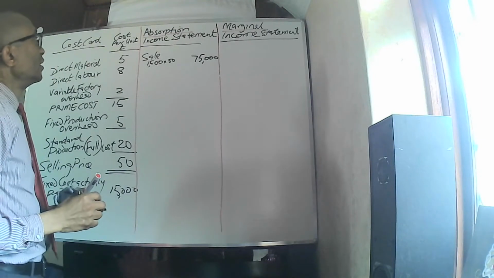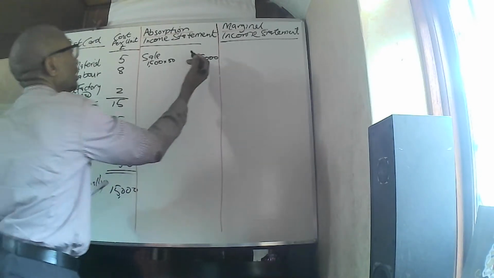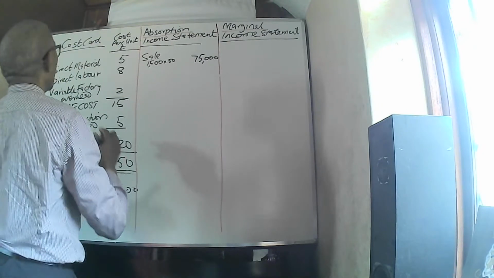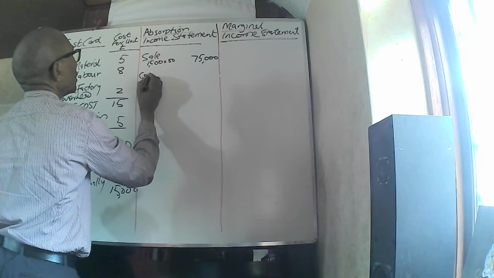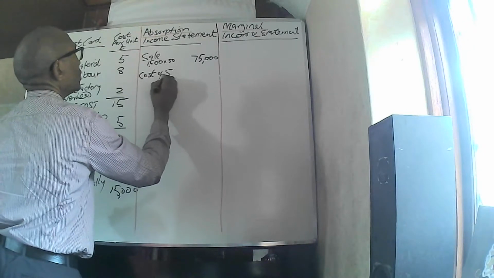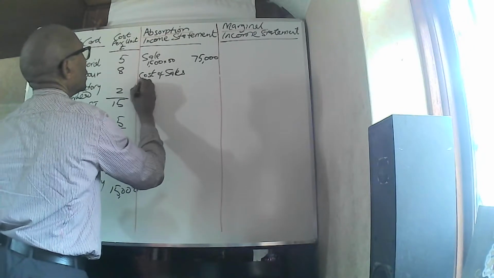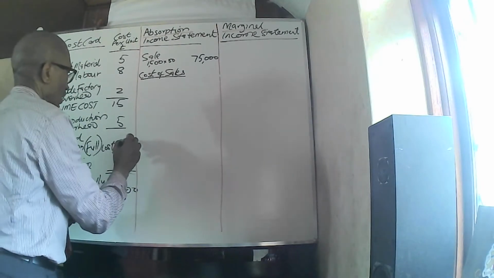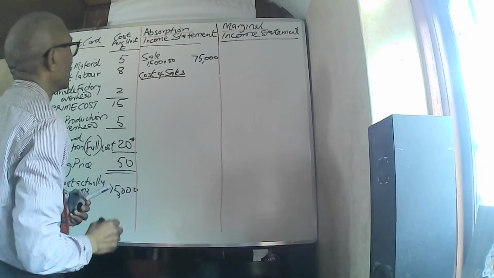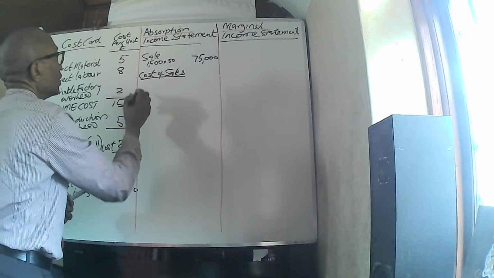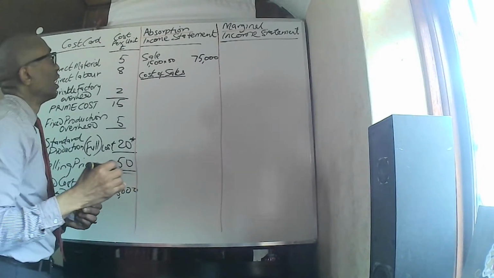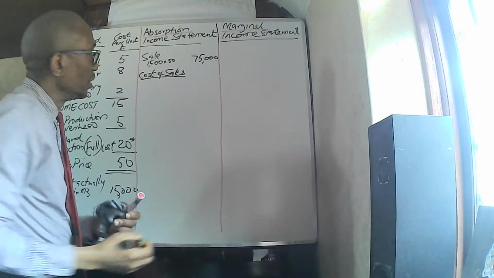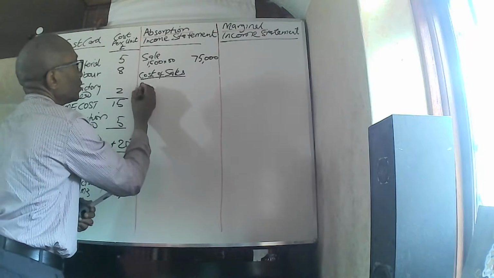The cost of sale needs to be deducted from here to arrive at gross margin. So cost of sale under absorption will be dealt with using the full cost per unit. As we are not told if there was any opening stock, our opening stock will be 0.